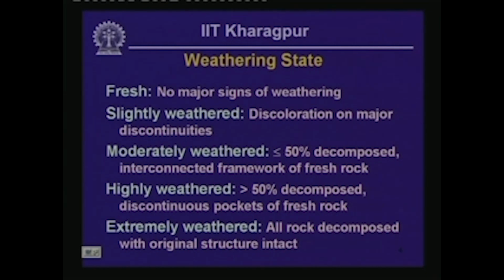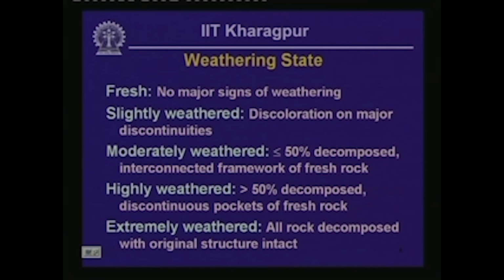Then the rock could be moderately weathered if the rock is less than 50% decomposed, and is composed mainly of an interconnected framework of fresh rock. So unweathered rock composes the majority of the entire volume of the rock, and it is going to be interconnected. So the unweathered part of the rock mass will not be present in general as isolated islands or isolated patches within the entire volume. Then the rock volume could be highly weathered.